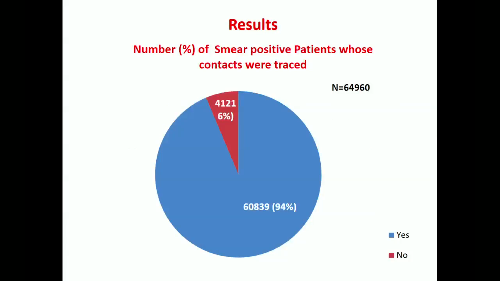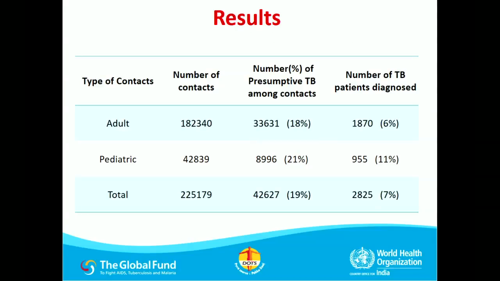What we found is that in 2015, 64,960 TB patients were registered, and contact tracing could be done for 94% of the patients, that is 60,839. Out of those 60,000 odd patients, we found 225,000 contacts, that is an average of 3.5 contacts per smear positive TB patient.